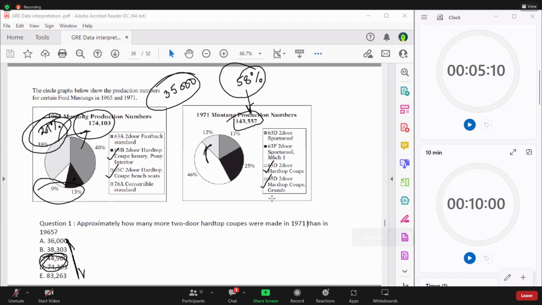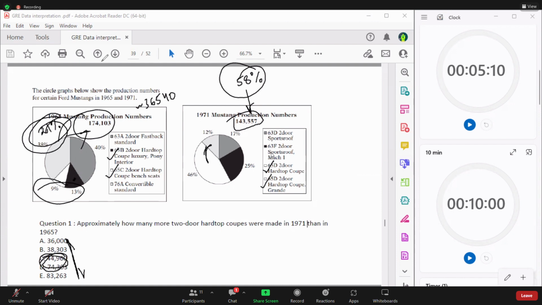Okay, anyway. So it will be approximately 36,540. And 58% of what do we say? 58% of 140,000.